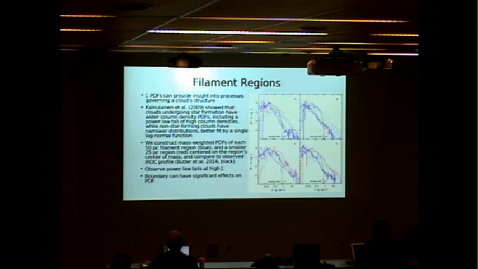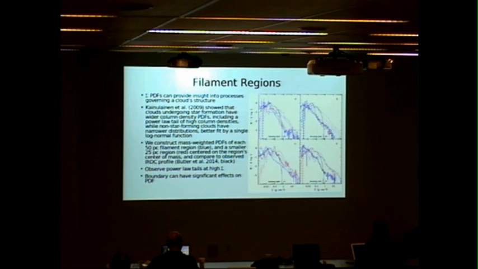And I also plot the observed column density PDF of an infrared dark cloud from some of my mid-infrared extinction mapping work. So basically what we see is a power law tail.